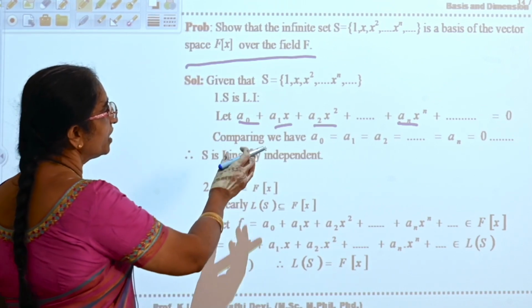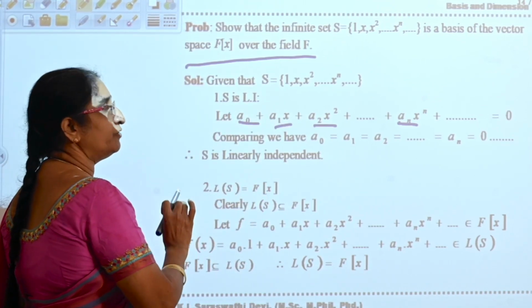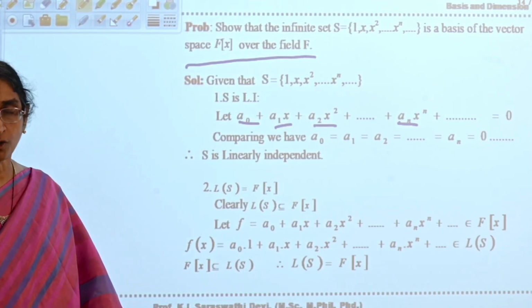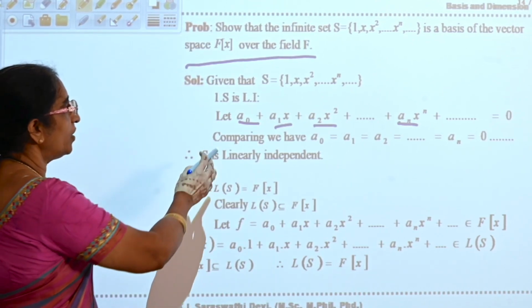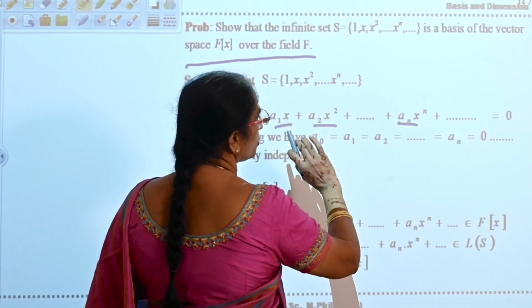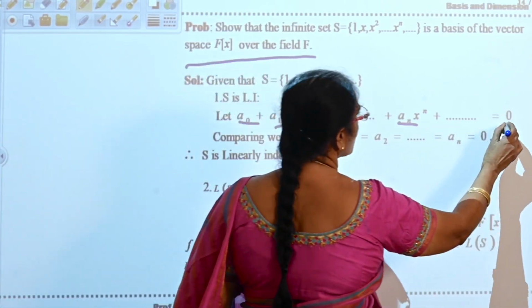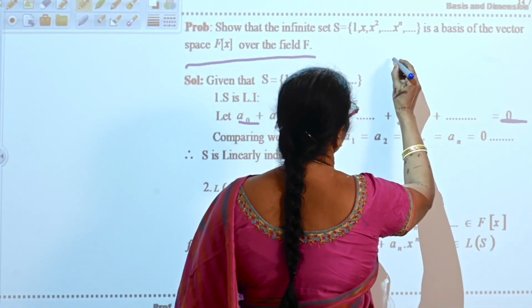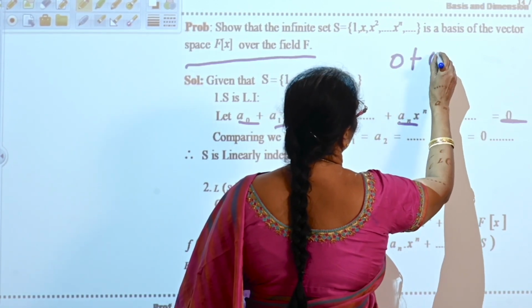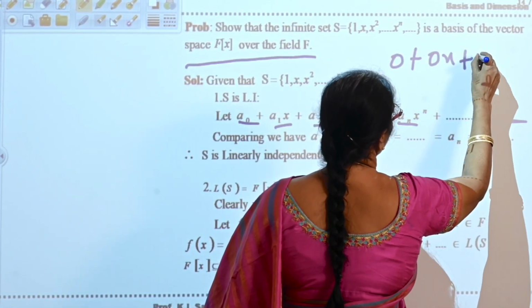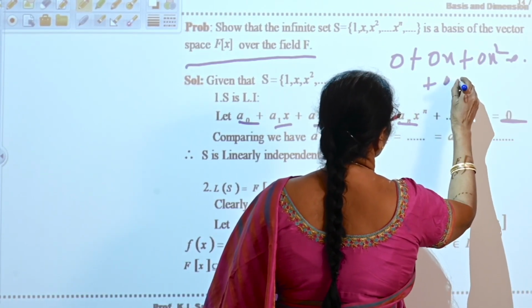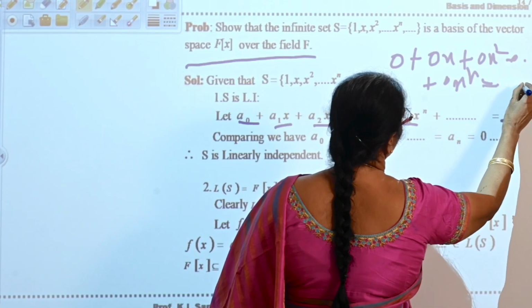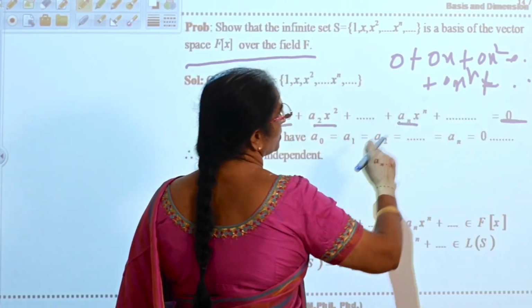Now what is it? It is a polynomial. If you equate the polynomial to the 0 polynomial, the coefficients will be 0. So a naught is equal to 0, a1 is equal to 0, a2 is equal to 0, because this 0 can be written as the 0 polynomial, that is 0 plus 0x plus 0x square plus so on plus 0x power n plus so on. Can you write? You can write this 0 like that.